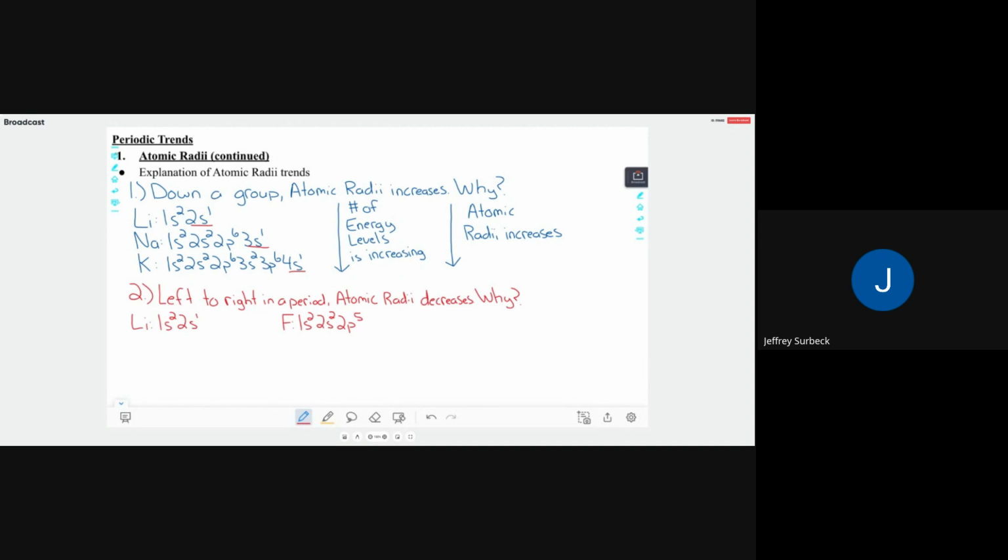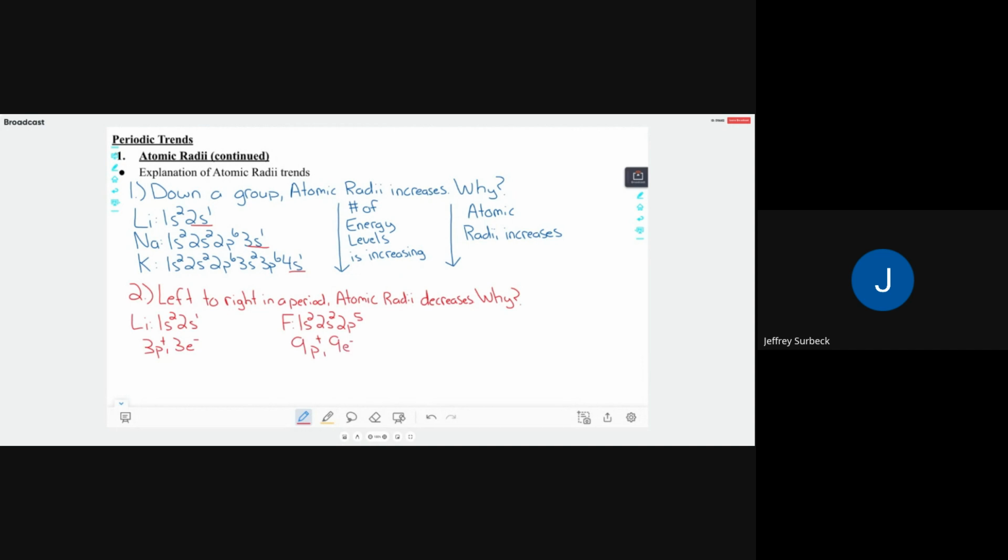Lithium, in this scenario, has 3 protons, and because it's neutrally charged, it hasn't had any electrons added or taken away from it, so it has 3 electrons. Fluorine, remember these are atoms, not ions, has 9 protons, and it's neutrally charged here. It has 9 electrons, okay?